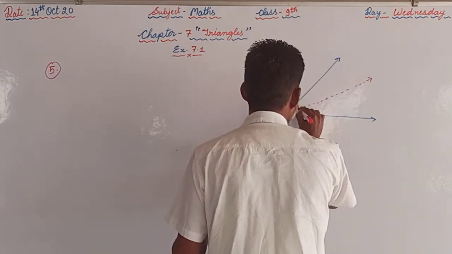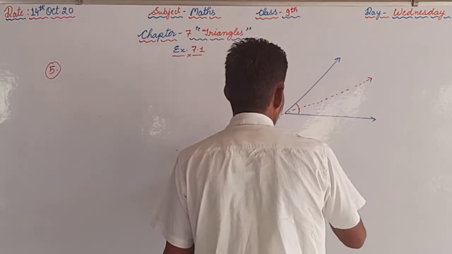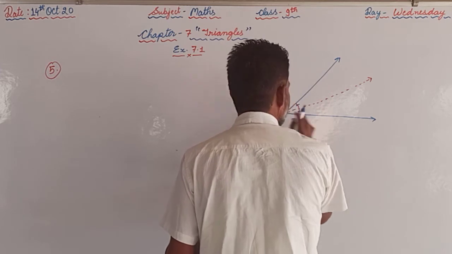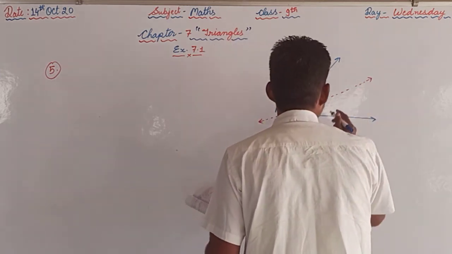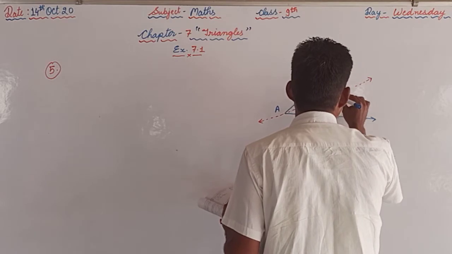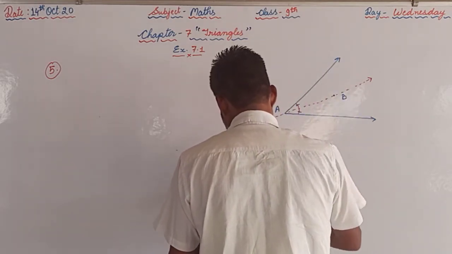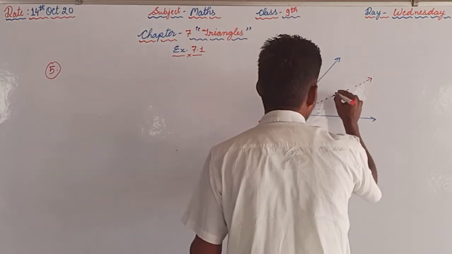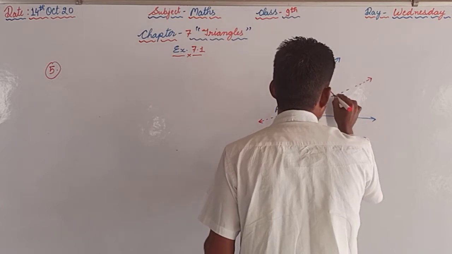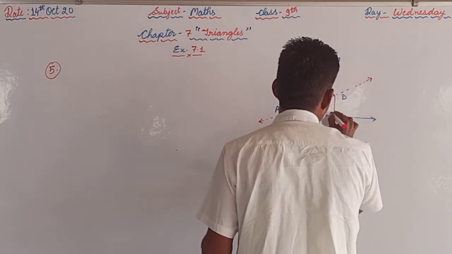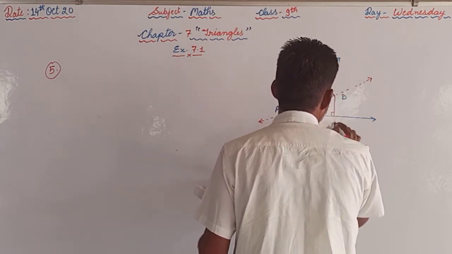Bisector means this angle is equal to this angle, because L is the bisector of angle A, and B is any point on this line, and from B the perpendiculars are drawn, and the naming has been done, that is Q, that is P.